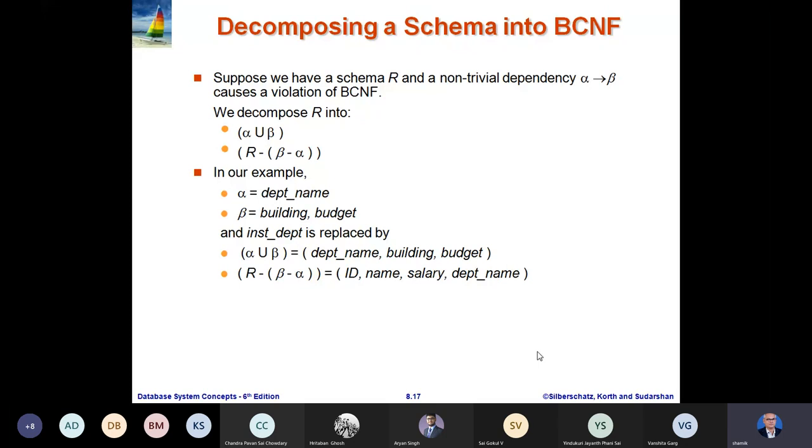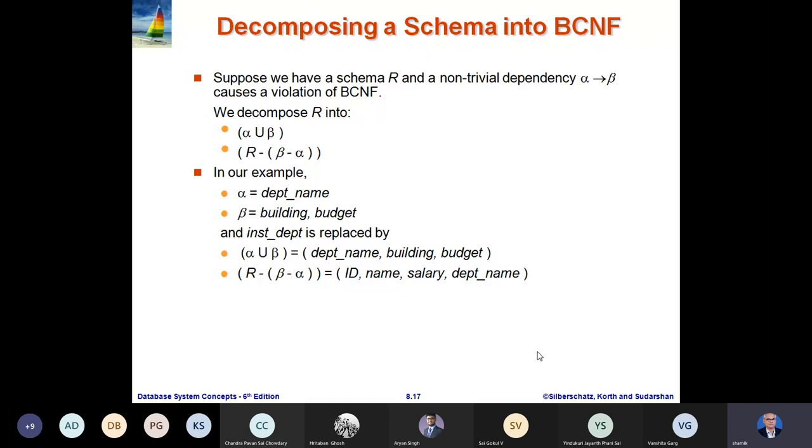Now if both R121 and R122 are in BCNF, then my entire decomposition will be R11, R121, R122, and R2. So that is how we finally end up getting those leaf level decomposed schemas. That forms my final schema.